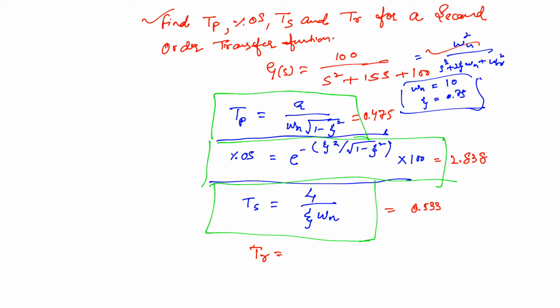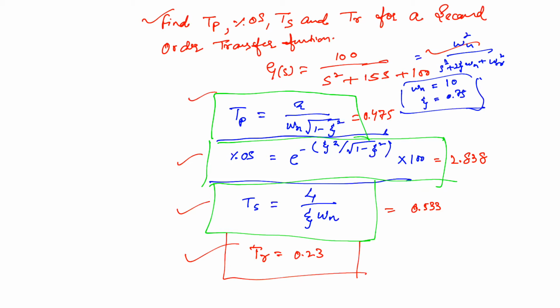So for the peak time, percentage overshoot and settling time an analytical expression is there, but for the rise time no analytical expression is there, though we can obtain it using the graph of xi versus the normalized rise time.